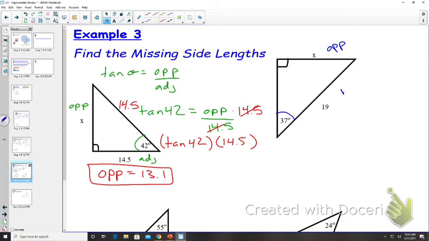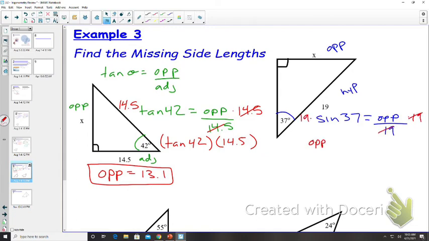Okay, so what ratio are we going to use? SOH, CAH, or TOA? Yep, perfect. So we'll use SOH. Sine of 37 is equal to the opposite over 19, which is our hypotenuse. So we'll multiply by 19 to isolate for the opposite.